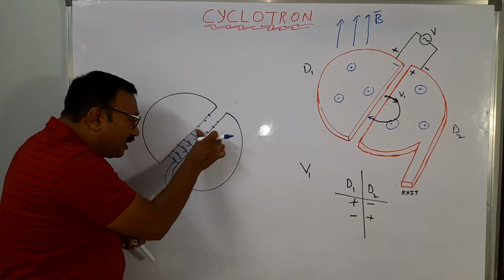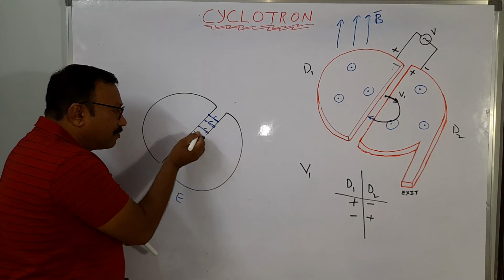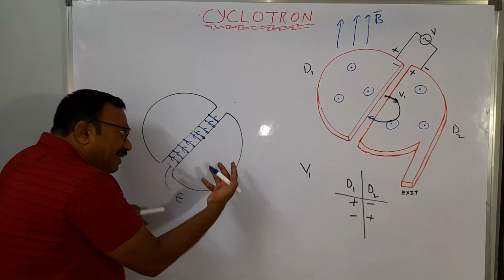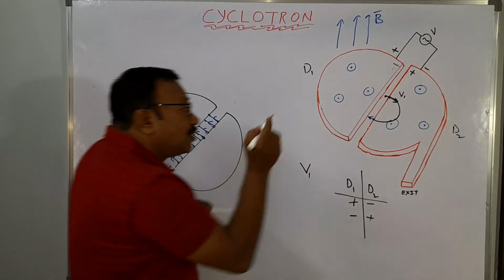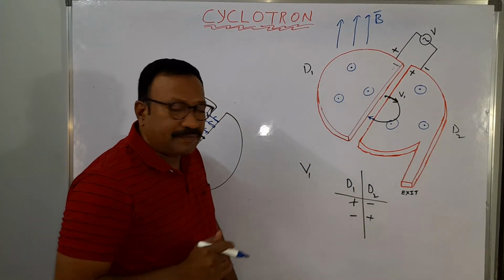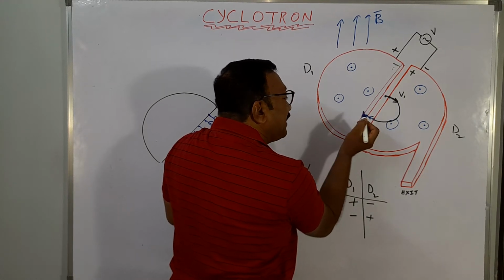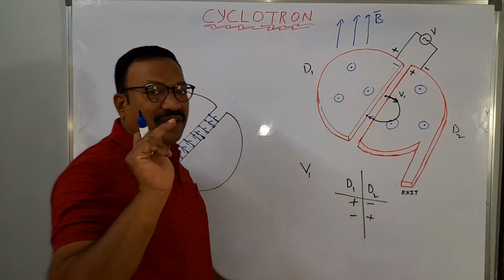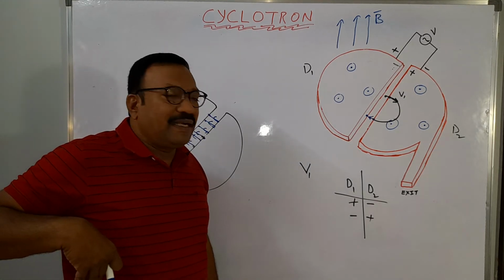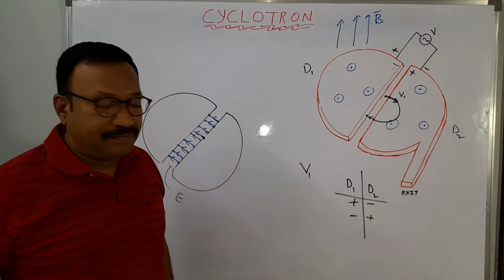Now when you change the polarity, the direction of the electric field will be like this, and it is accelerated towards that. Now the velocity increases from V1 to V2, let us say. So it is entering the magnetic field with velocity V2, because the velocity is increased between the plates.